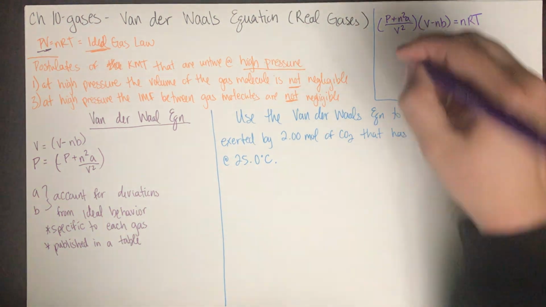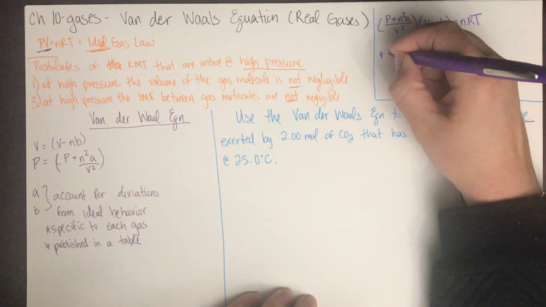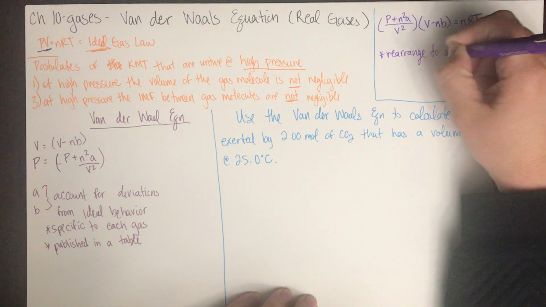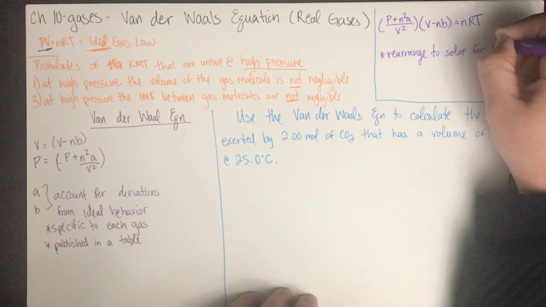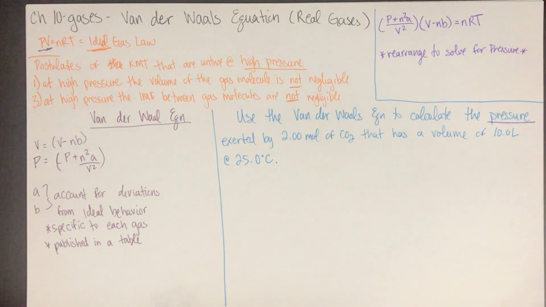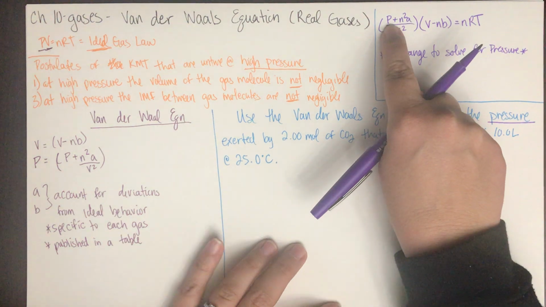In this problem down here, I'm going to solve for pressure, just because that's what this question is asking me for. You do not have to do this, but I'm going to do this because I feel like it saves a lot of headache later. So I'm just going to rearrange this equation to solve for pressure.